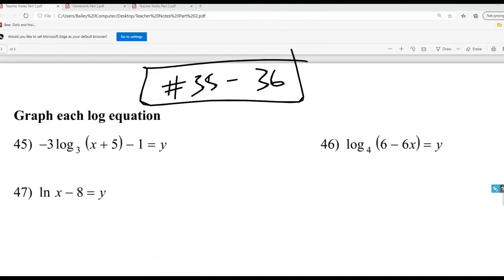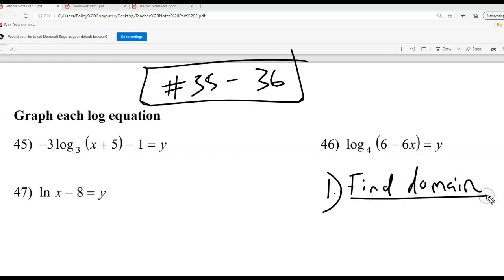All right, well, the first thing that we're going to do is find the domain. Okay, now the domain is found by doing the argument greater than 0, right?